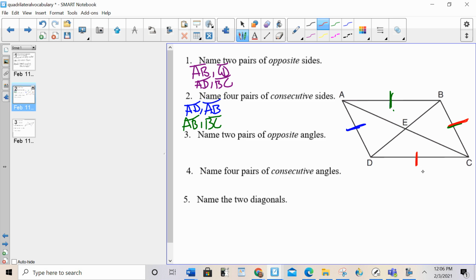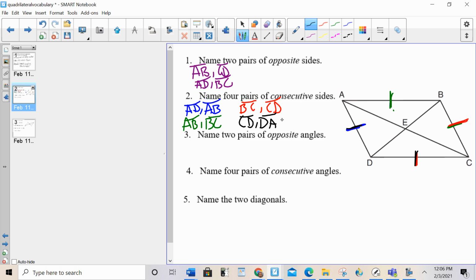BC and CD would be a pair of consecutive sides, and CD and DA would be a pair of consecutive sides. Each pair of these sides touch each other. All right, consecutive sides physically touch, they meet. They are not across from each other, they are next to each other, they are touching. Opposite sides are not touching, consecutive sides are.